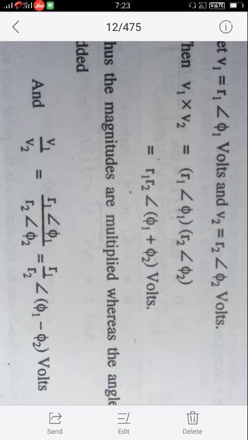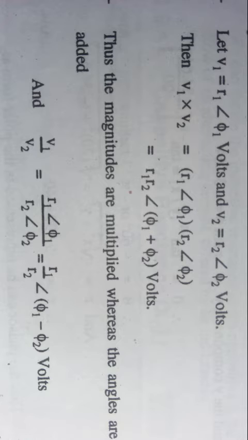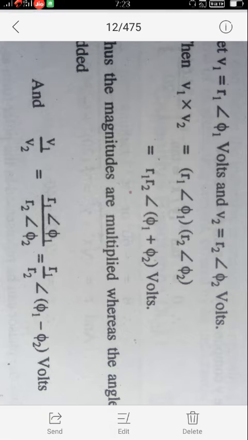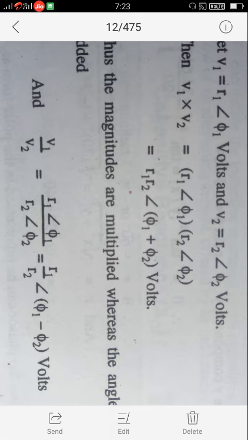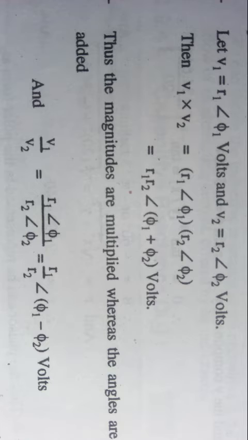In this multiplication, only the magnitudes of r are multiplied and the angles are added. Now we will see the division phi1 upon phi2 that is equal to r1 at an angle phi 1, this is phi1, divided by r2 at an angle phi 2, this is phi2.